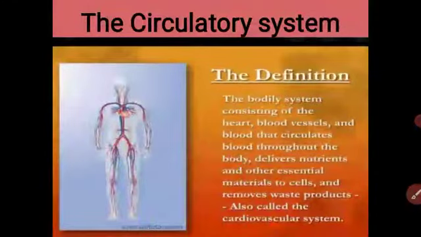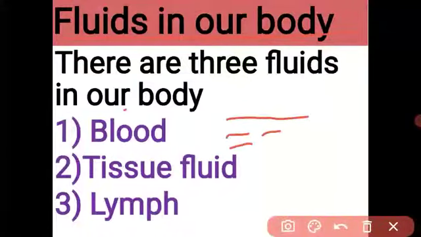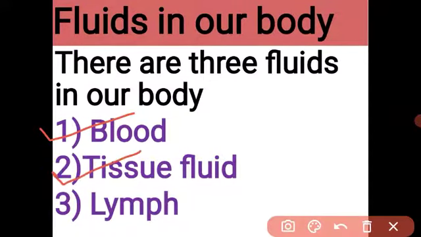Then, student, what are the fluids present in our body? There are three main fluids present in our body: blood, tissue fluid and lymph. Let us see one by one. First of all, we see the blood.